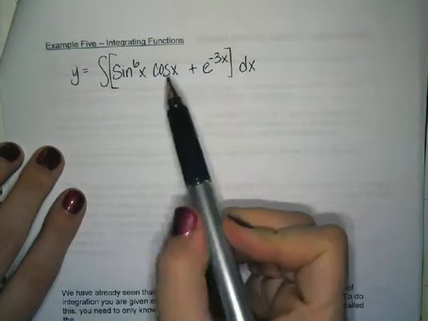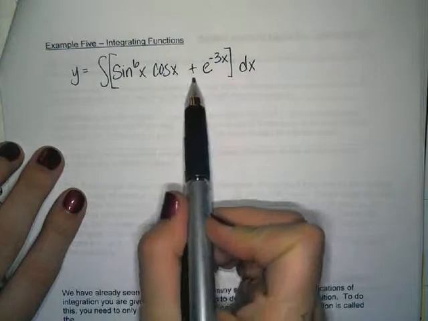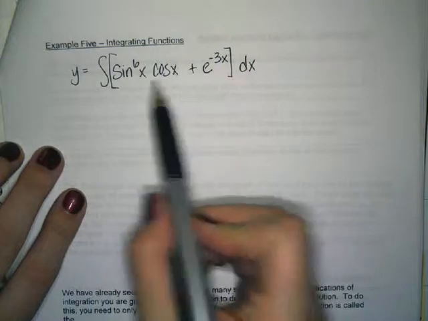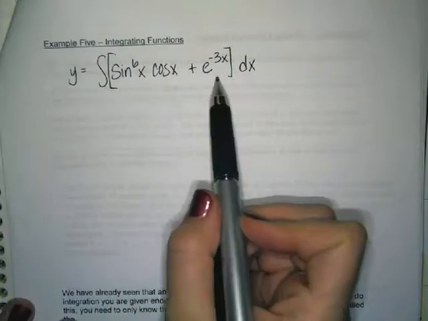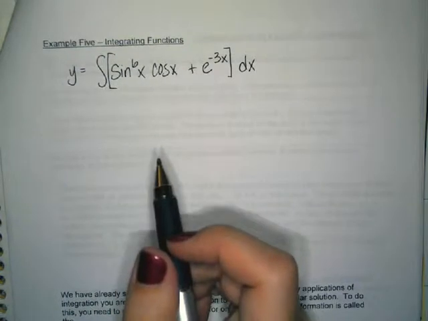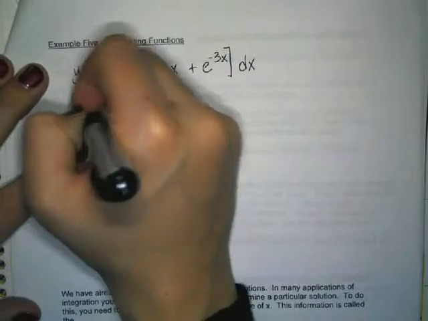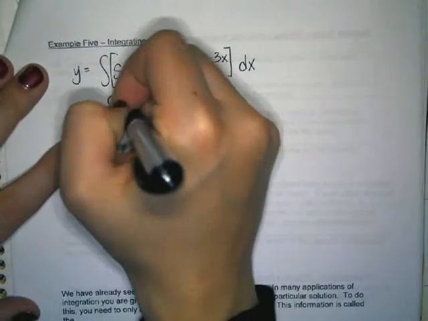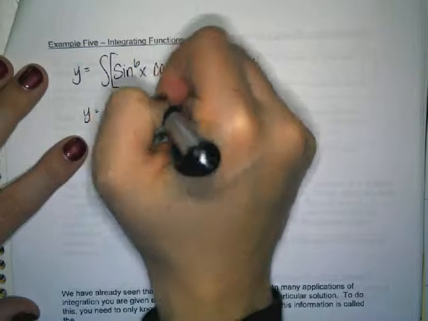So let's do that. If we write it as the integral of sine to the 6x cosine x dx, then add the integral of e to the negative 3x dx. Remember, that's one of the rules: if stuff is being added or subtracted up here, you can break it up into 2 integrals and deal with each one separately.